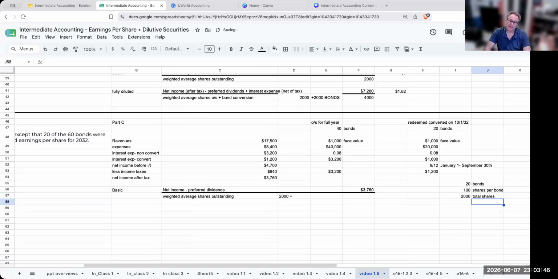However, I need to make an adjustment because these 2,000 shares were not outstanding for the entire year. So I need to basically multiply this by 3/12, or to basically October 1st through December 31st, to get to 500.